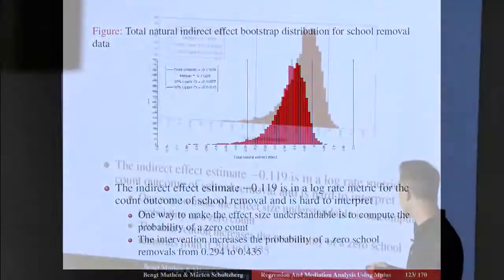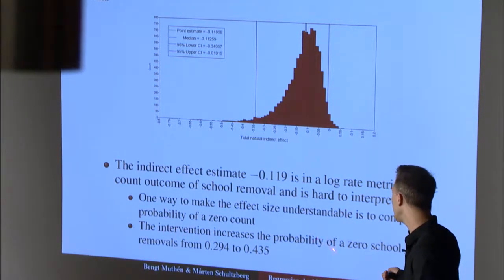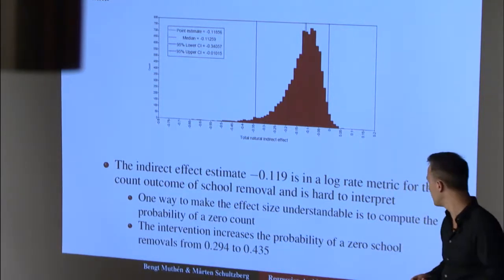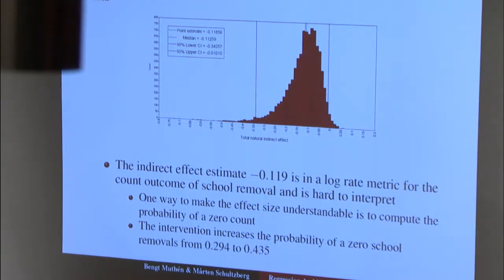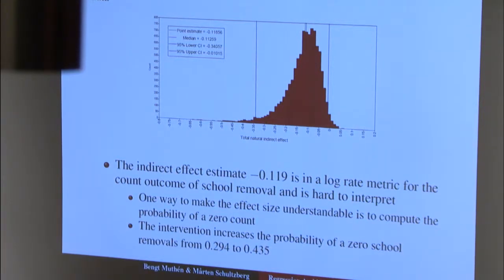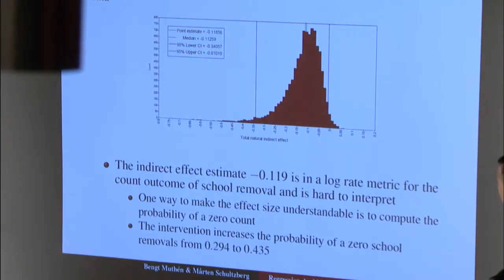So essentially, the intervention increases the probability of a 0 school removal from 29.4% to 43.5%. You can turn that around and say that the probability of not being removed from school increases by 14% units if you're given the treatment, as opposed to if you're not given the treatment. So you have a higher probability of never being removed from school, 14% units higher.